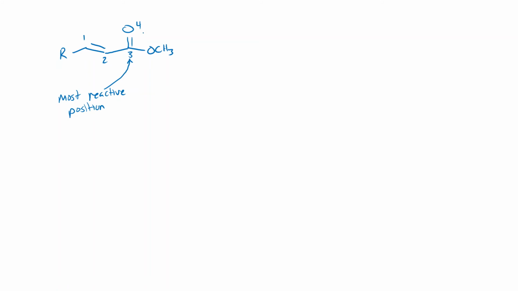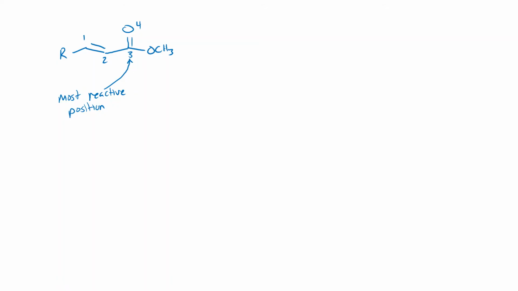That shouldn't be a surprise because we've done a lot of reactions at carbonyl carbons to this point. And so we know right away that that's going to be the most stable position for a carbocation. It's got the oxygen to stabilize it by resonance. It's got this pi bond over here to stabilize it by resonance, right? This is where we want to think about this.